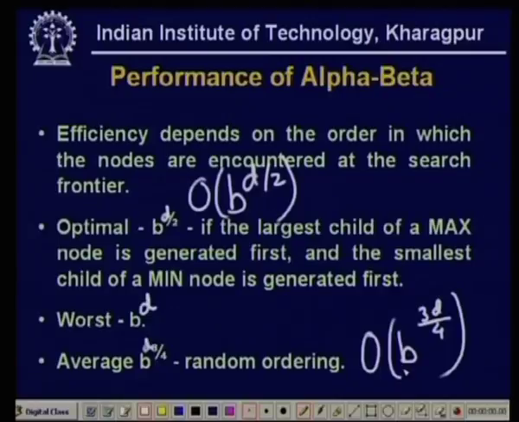Okay, which actually means that if, due to our resource limitations, we can do a d-ply search with minimax, we would be able to do a 4d/3 ply search using alpha beta assuming random node ordering.